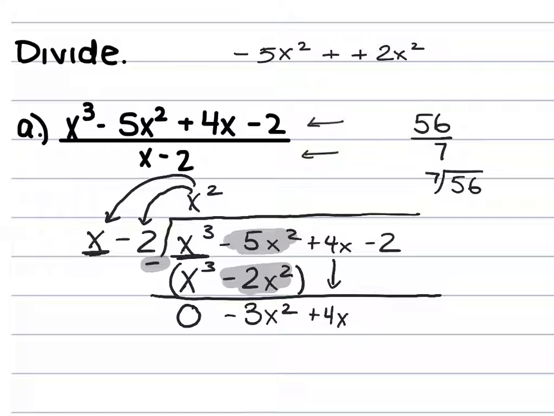Just like you didn't bring down all the other numbers, you only bring down one at a time. Now, how many times does x go into negative 3x squared? Or, better question, x times what would give me negative 3x squared? Negative 3x. X times negative 3x will get me to negative 3x squared.